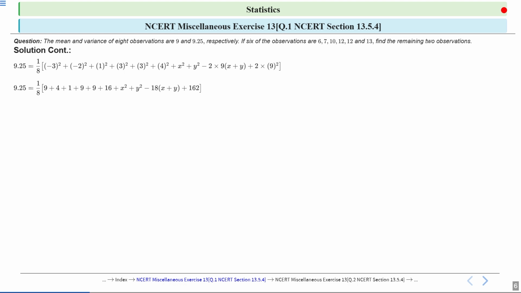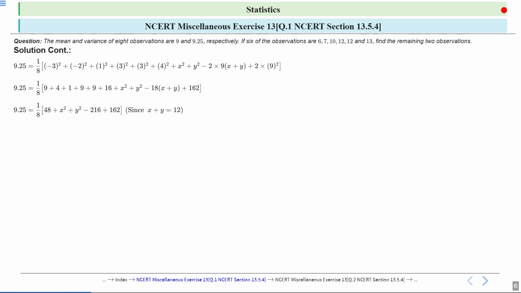So let's substitute the values and simplify the equation. We calculate each squared difference: 9, 4, 1, 9, 9, 16. And so the equation becomes 9.25 equal to 1 divided by 8 times (9 plus 4 plus 1 plus 9 plus 9 plus 16 plus x squared plus y squared minus 18 times (x plus y) plus 162).